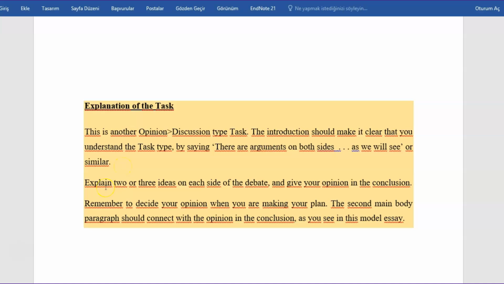Then, in the other paragraphs, explain 2 or 3 ideas on each side of the debate and give your own opinion at the end. Remember to decide your opinion when you are making your plan. The second main body paragraph should connect with the opinion in the conclusion, as you see in our model essay.